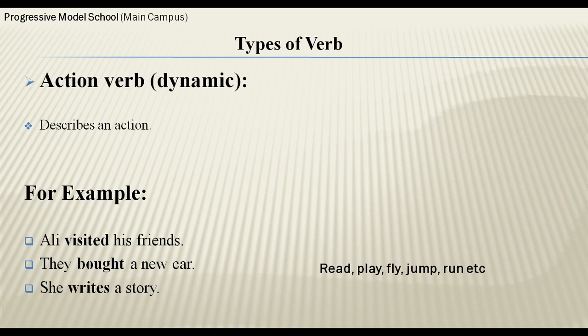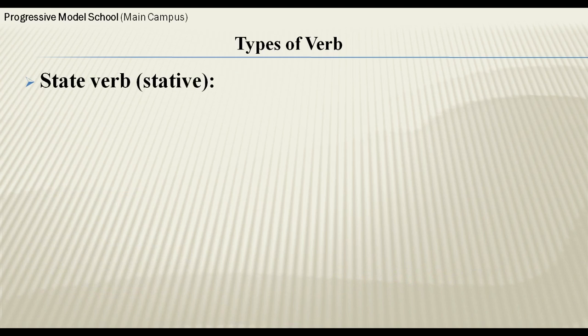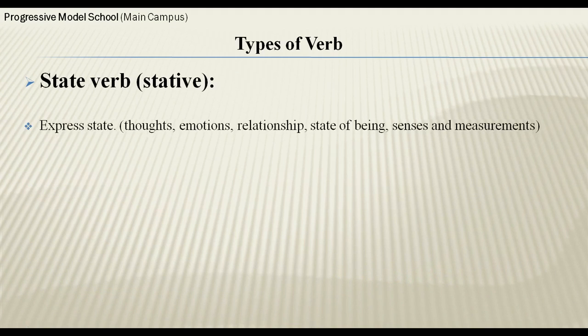Now let's move towards our next type, that is state verb or stative verb. These are used to express a state rather than a physical action. It relates to thoughts, emotions, relationship, state of being, senses, and measurements. Let it clear by the examples.